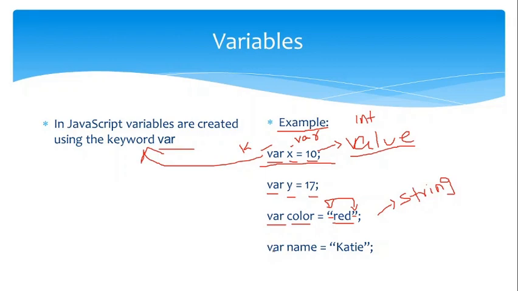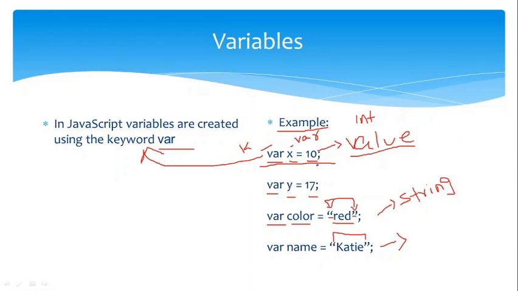Where name is equals to catty, and this is also a string. These are simple examples of how to create a variable.